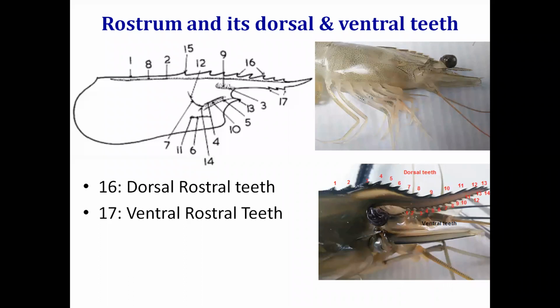If you study the rostrum of a particular prawn species, you will be able to identify the species. The rostrum and its structure has a taxonomic value. It helps in the identification of the species.